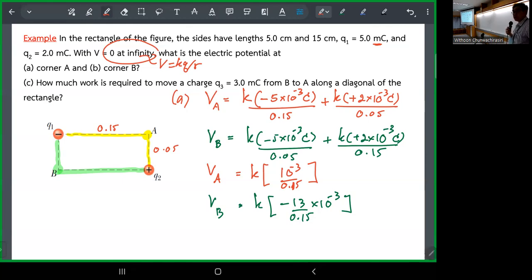How much energy is needed? B to A is important because going from B to A and A to B is going to give you an opposite sign. So we really want from B to A.